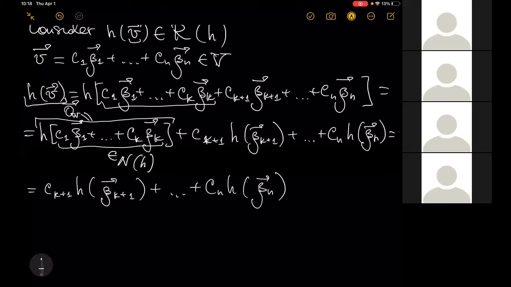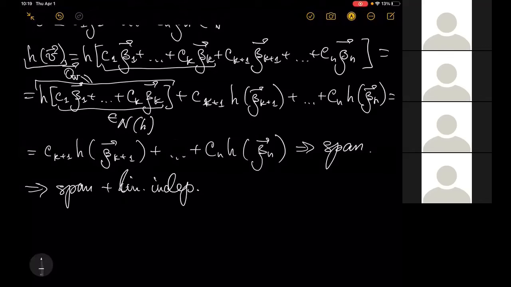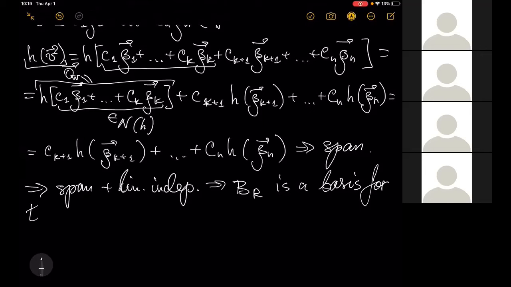But before, I showed that these vectors are linearly independent. So from here follows span, and altogether, span plus linear independence, BR is a basis for the range.